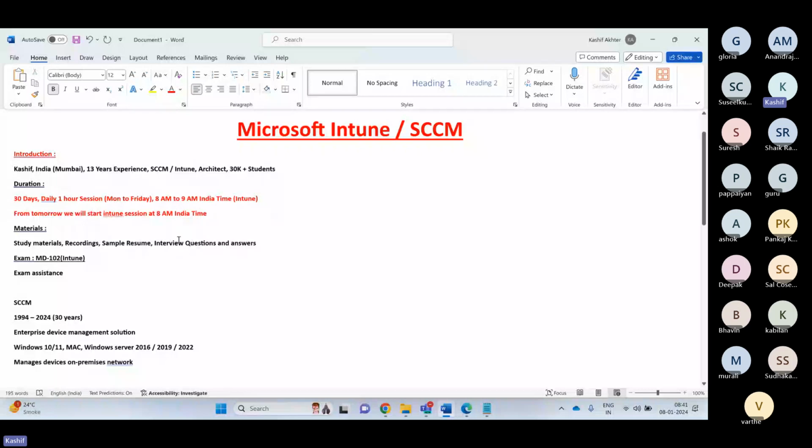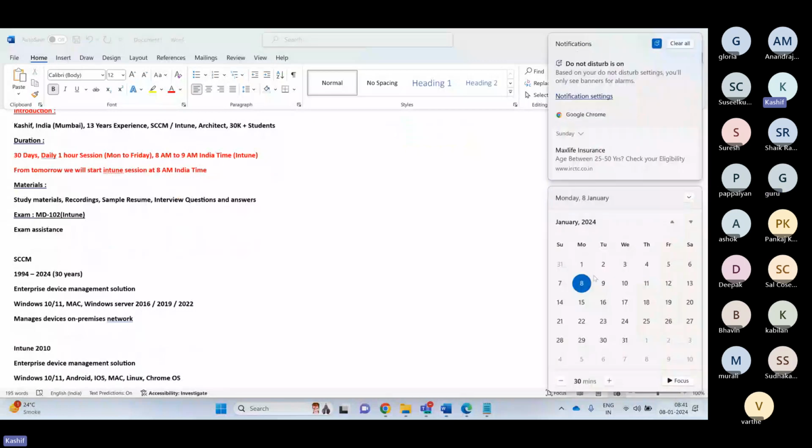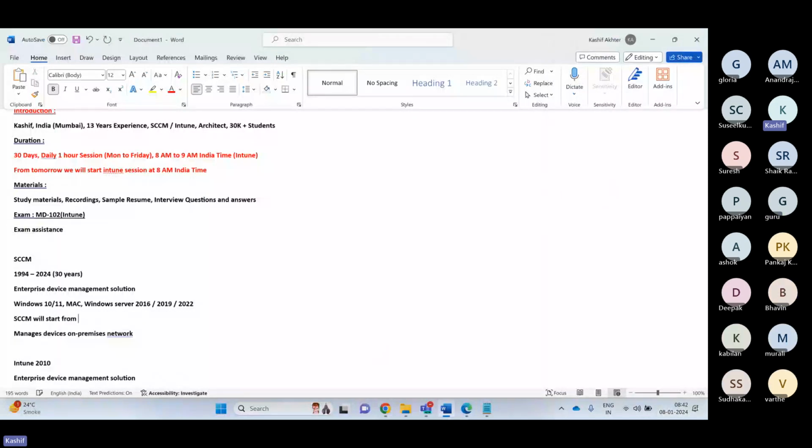And SCCM, probably the 15th of January. So SCCM will start from 15th January at 9 a.m. India time. That will be next week basically.